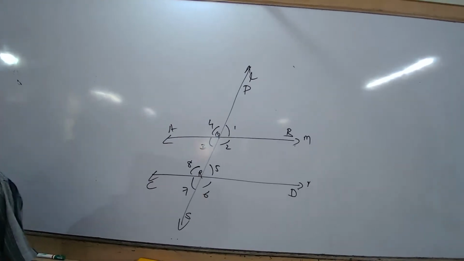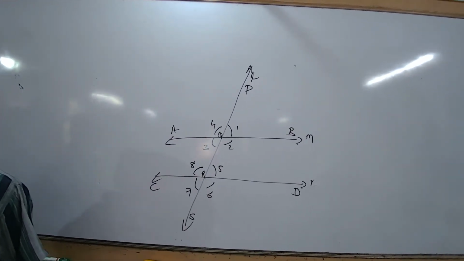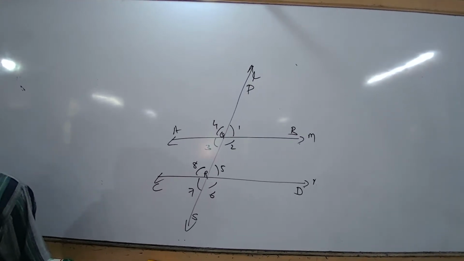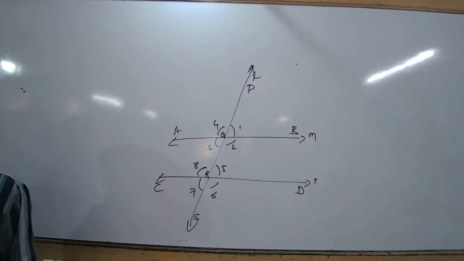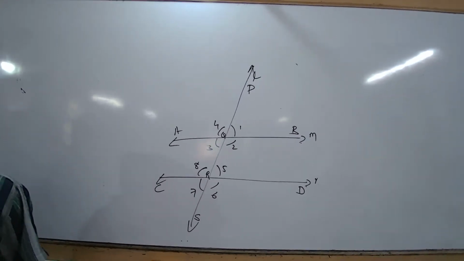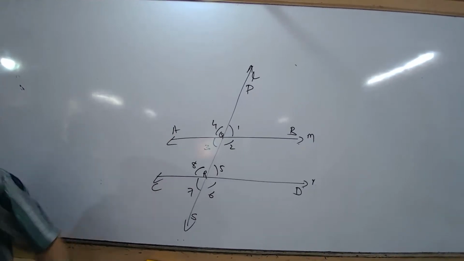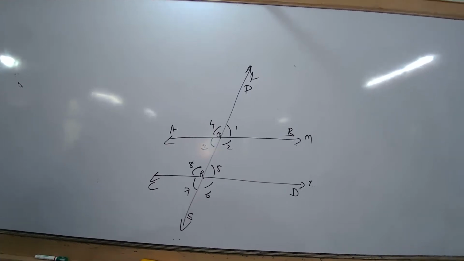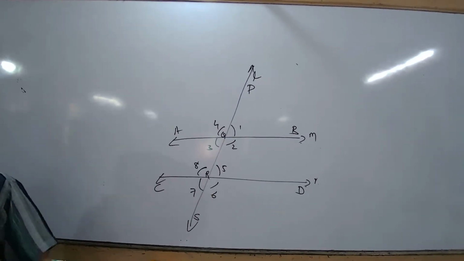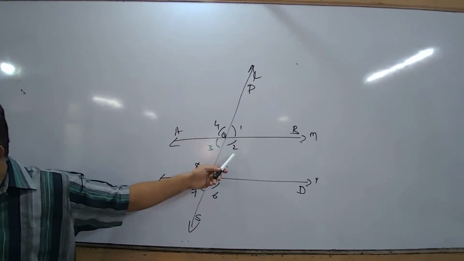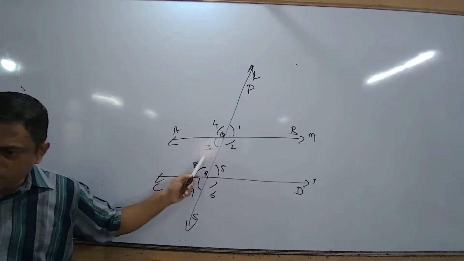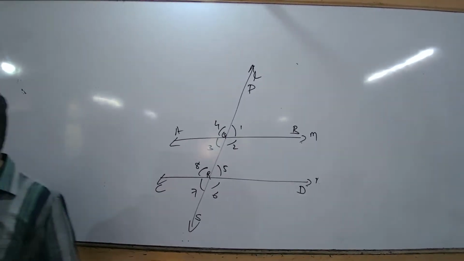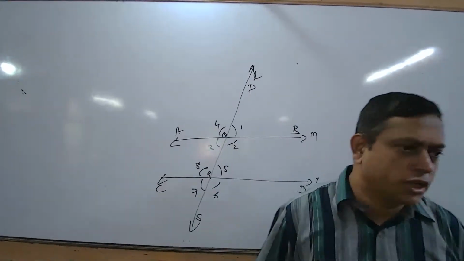Tell me one vertically opposite angle here. 4 and 2 are vertically opposite angles. 1 and 3 are vertically opposite angles. 5 and 7, 6 and 8. Okay, these are the vertically opposite angles.